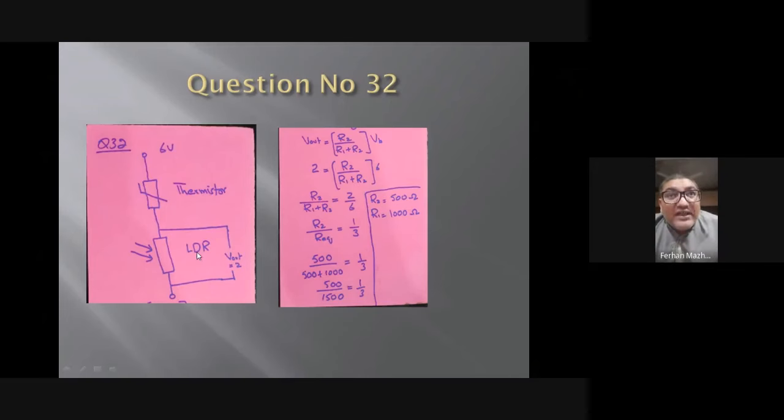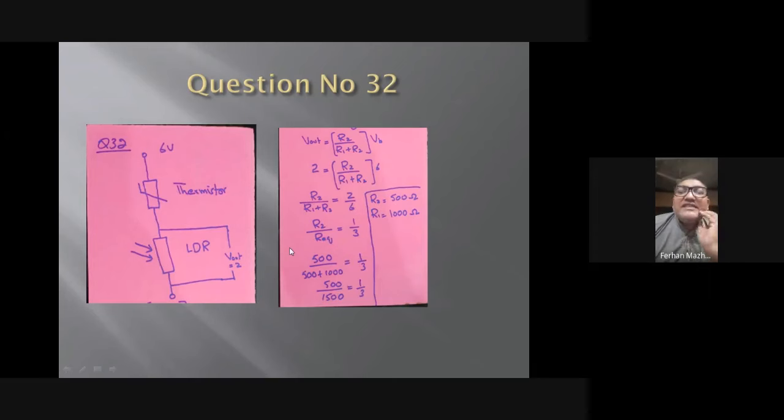So V out here is 2, R2 by R1 plus R2, into 6, voltage of the battery is 6. This R1 plus R2 means the total resistance. If I take this 6 to the other side, it becomes 2 by 6, which is 1 by 3. So R2 divided by the total resistance is 1 by 3.